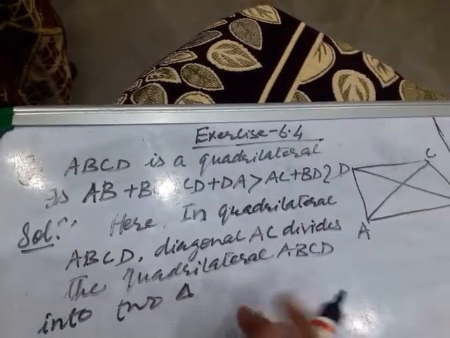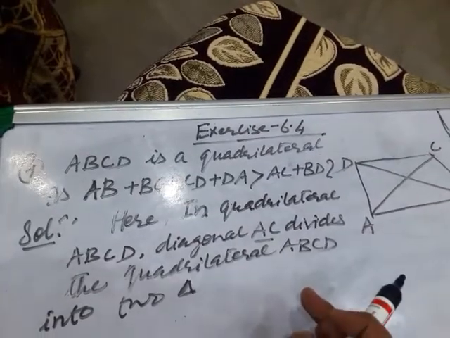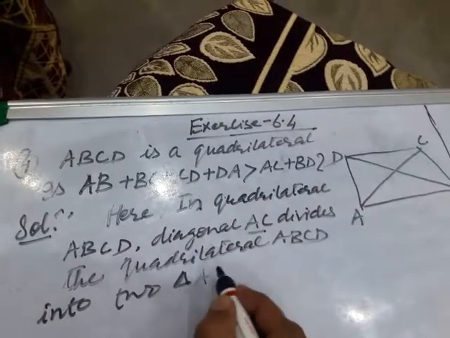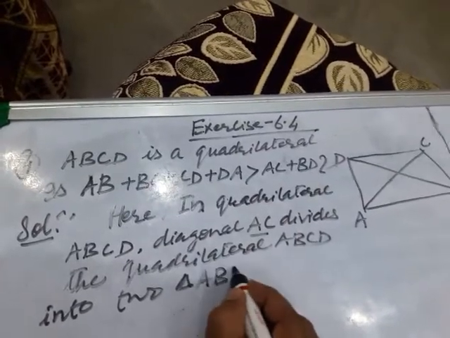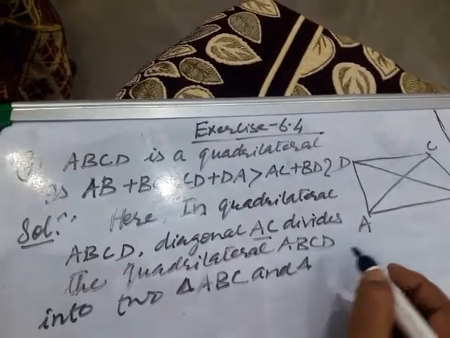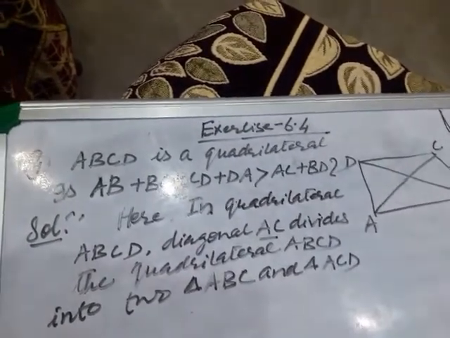That is, diagonal AC divides the quadrilateral into two triangles, that is triangle ABC and triangle ACD. Okay, children.